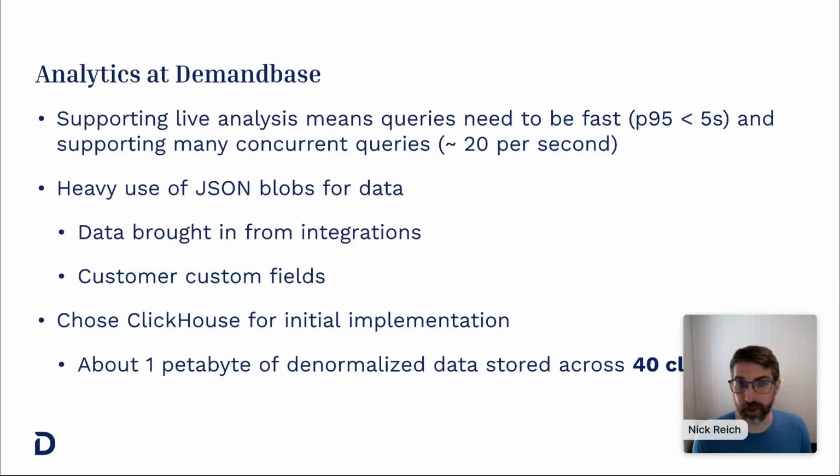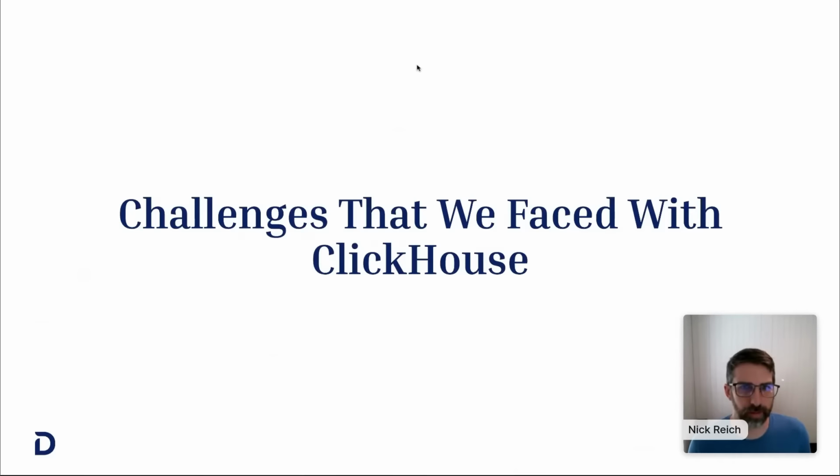We have a lot of semi-structured data that we store in JSON for our customers, and JSON is inherently more difficult to query. And so for this initial implementation of this analytics system, we chose ClickHouse and got to the point where we had about a petabyte of denormalized data stored across 40 ClickHouse clusters.